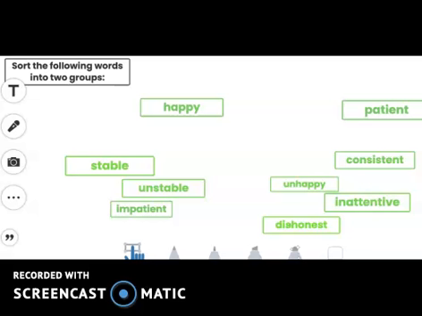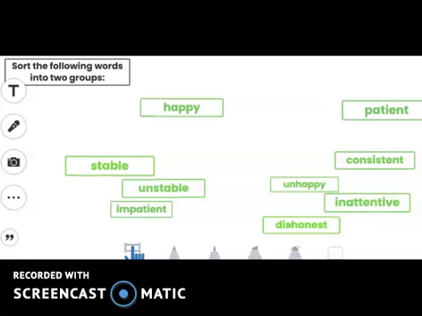Again, we're going to do a word sort here, but this time I haven't given them the categories, which is kind of nice because now they've got to look at these words, read the words, and decide how they're related or how they're not related. And so as I start to look at these words, happy, patient, consistent, impatient, unstable, dishonest, these are all qualities that talk about people's character.